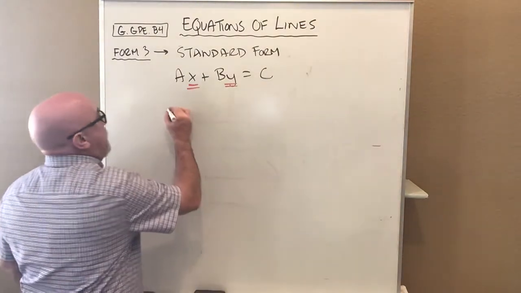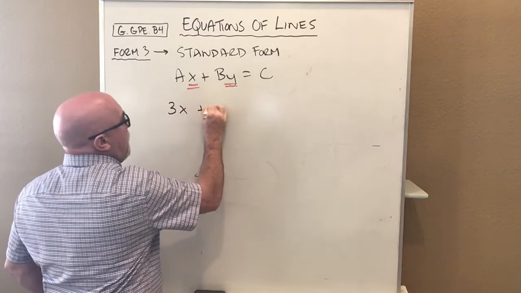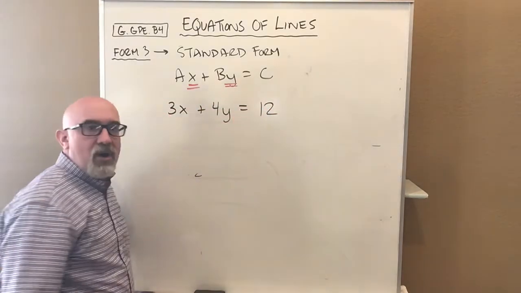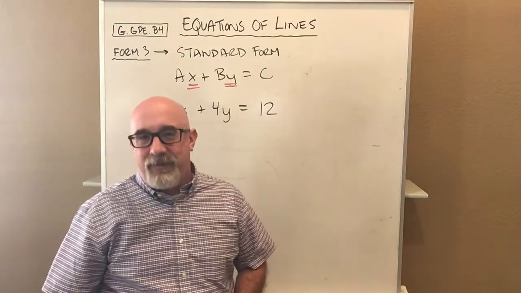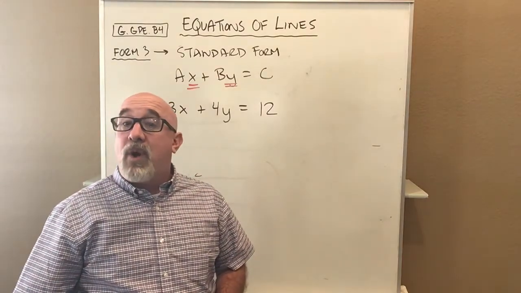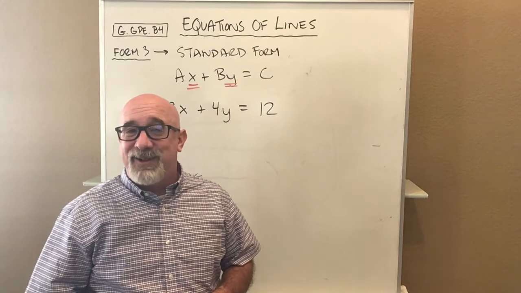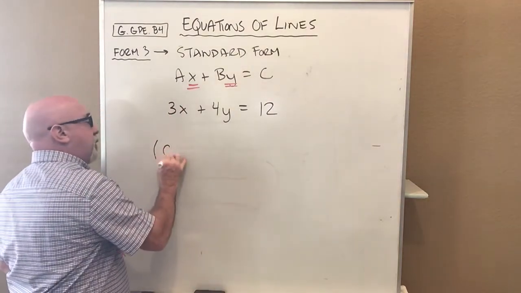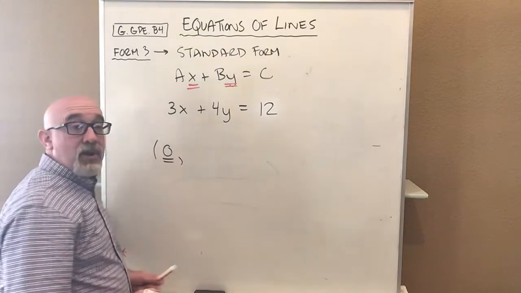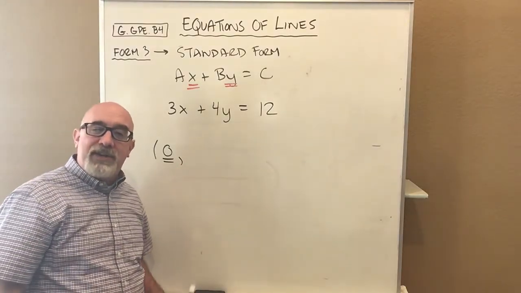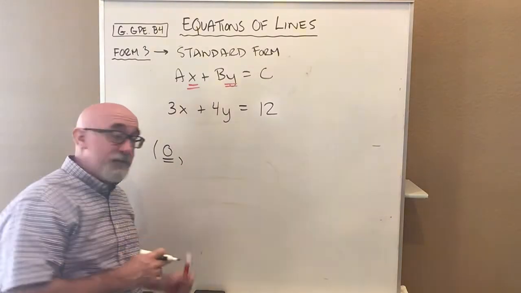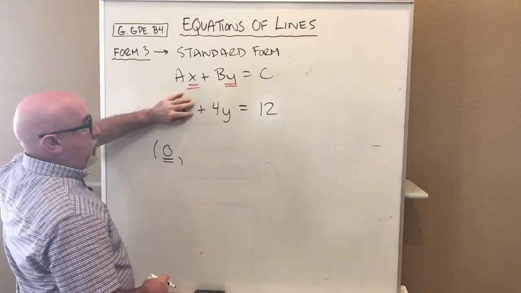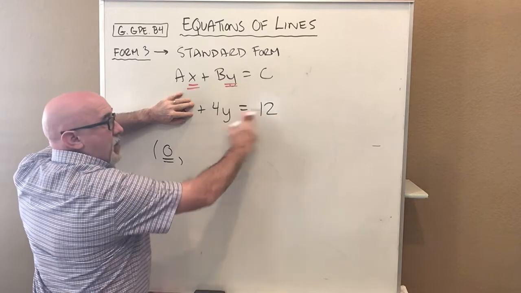So let's say we had 3x plus 4y equals 12. Let's say this was our standard form, and we were wanting to find the intercepts of this. Well, to find an intercept, you would plug in a 0. So if we wanted to find the y-intercept, the x value is 0. And watch what happens. When x is 0, we zero this out and we solve an easy problem.